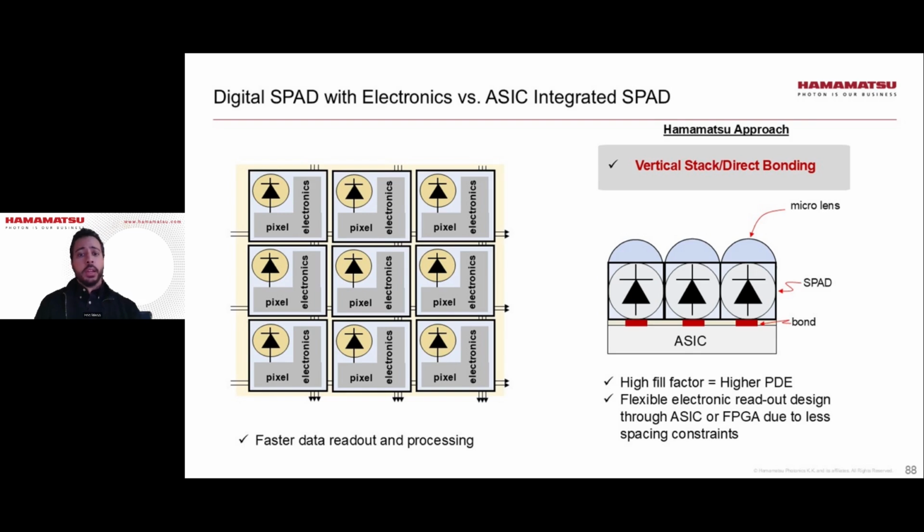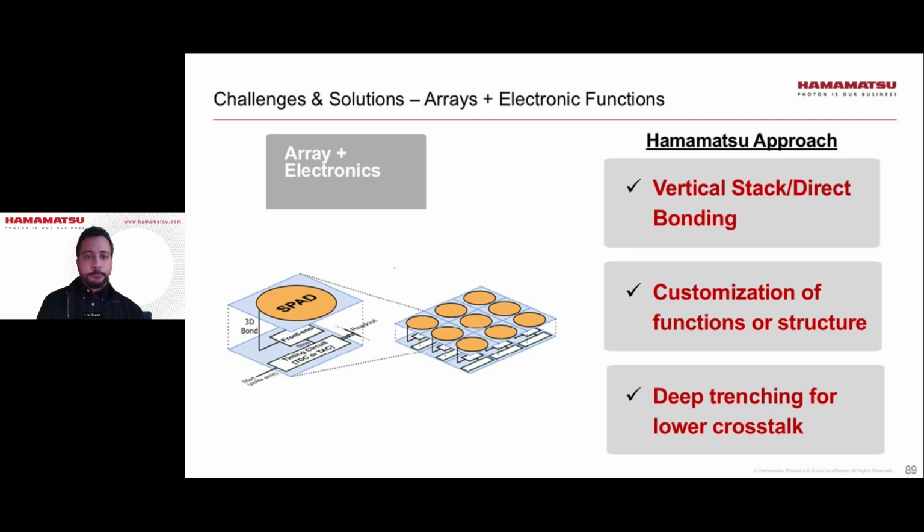When you design, you're able to design your electronics with more flexibility in terms of the readout. It makes for better scaling in terms of the semiconductor manufacturing process. But of course, thinking about the drawbacks of the vertical integration, there is some increased design complexity and therefore cost as well.